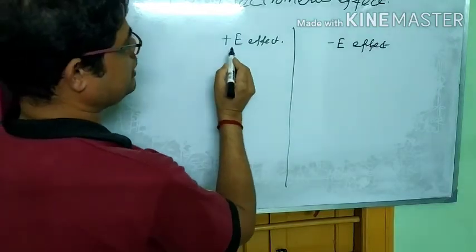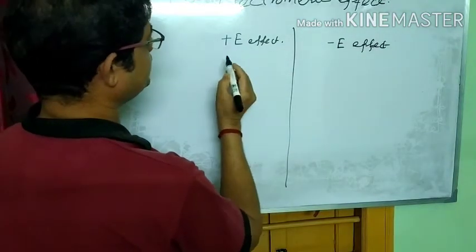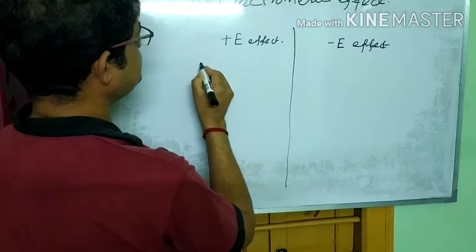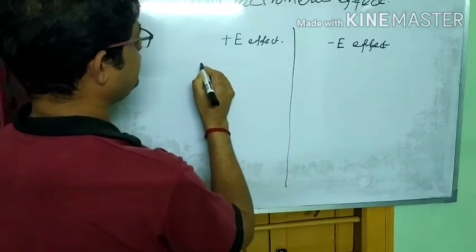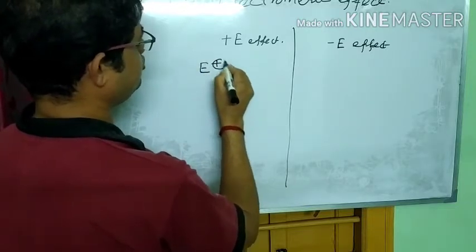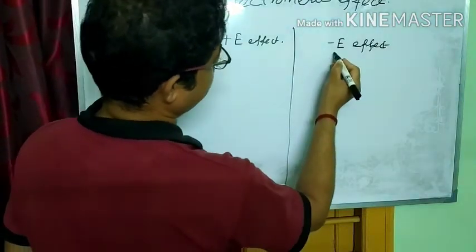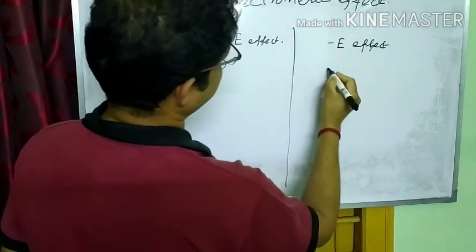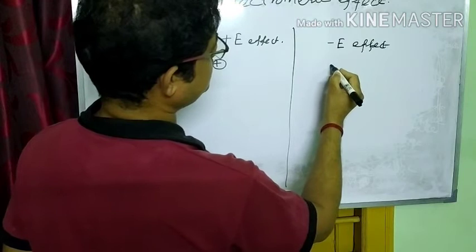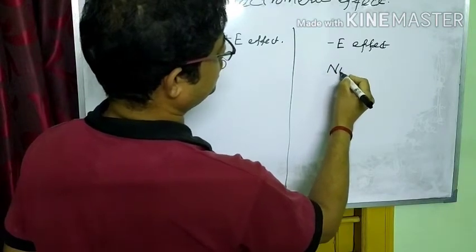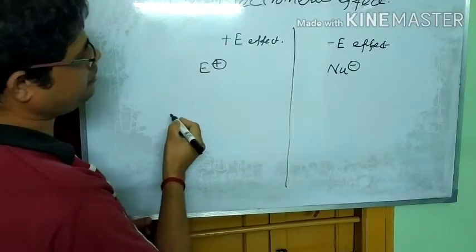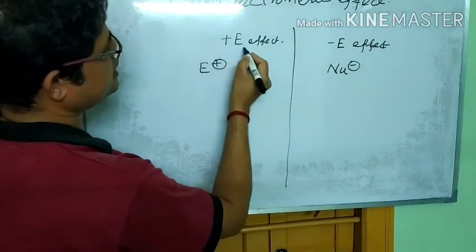In case of plus electromagnetic effect, the reagent must be an electrophile. And in case of minus E effect, the reagent must be a nucleophile. Now let's see what happens in plus E effect.